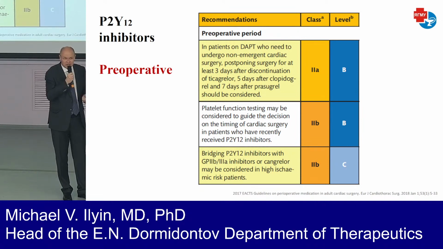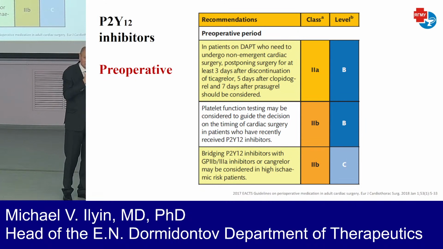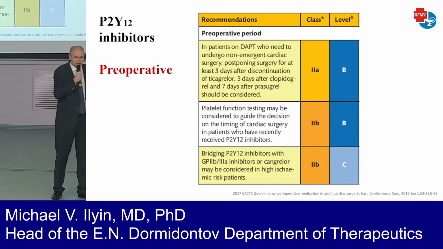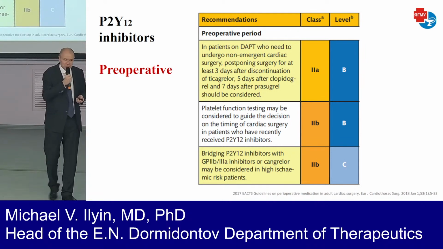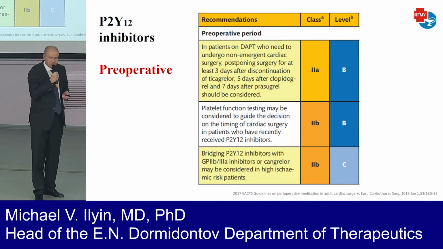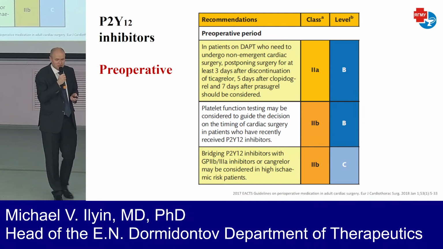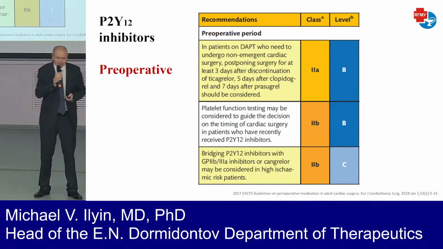Why is that so? It's because of pharmacokinetics. Because of the half-elimination time of the active substance. Okay? Platelet function testing may be considered to guide the decision on the timing of cardiac surgery in patients who have recently received P2Y12 inhibitors.